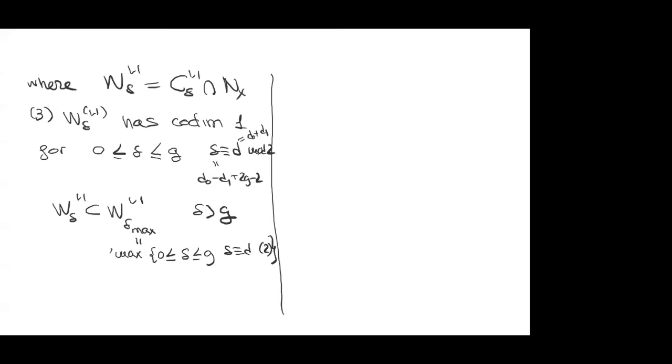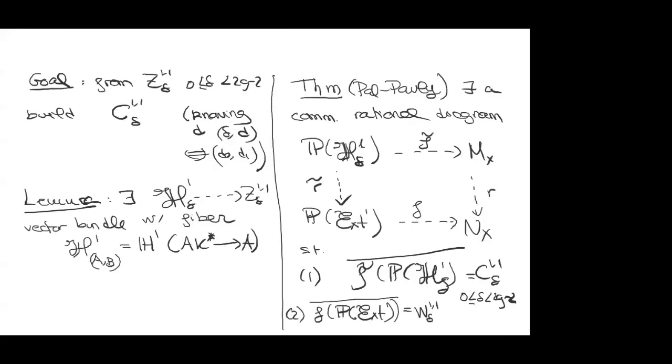Okay, so let me do a dimensional count as a proof. First, the remark: the existence of a map is just by definition of the moduli space. It is rational because not all extensions will be stable.